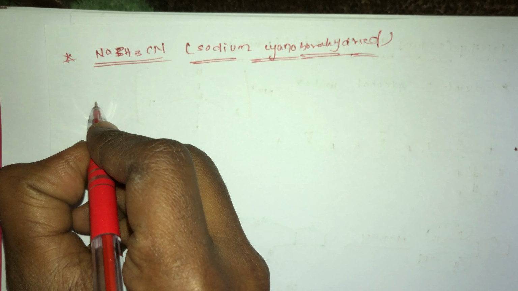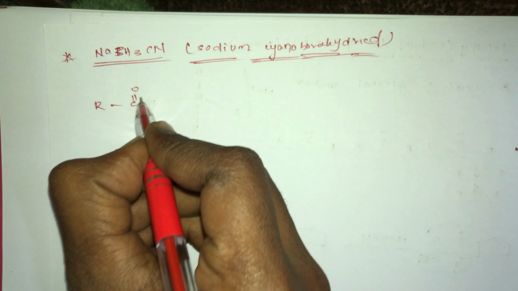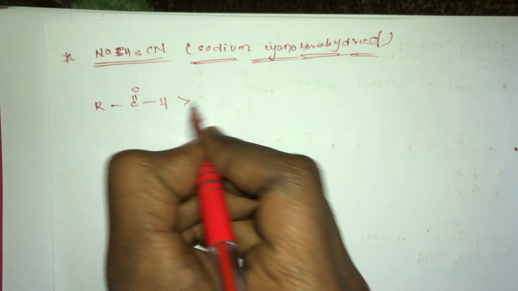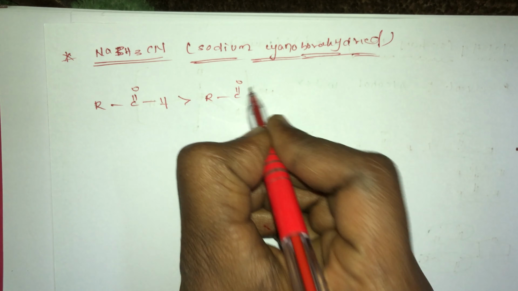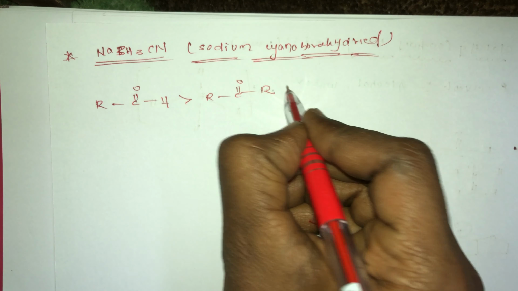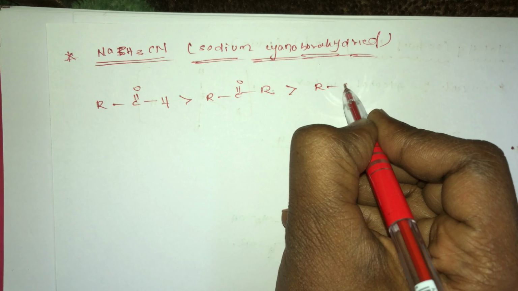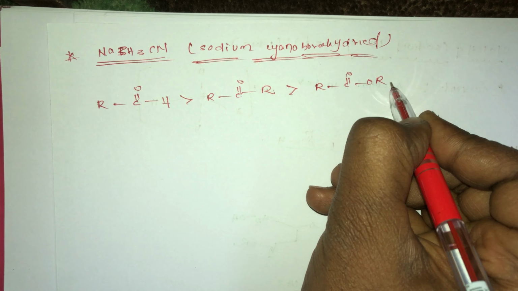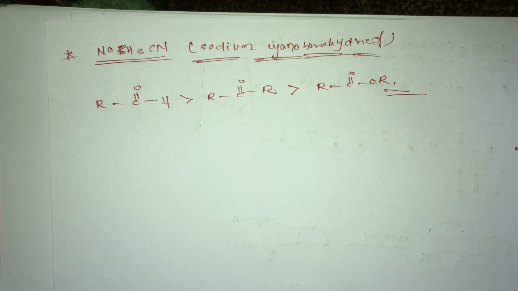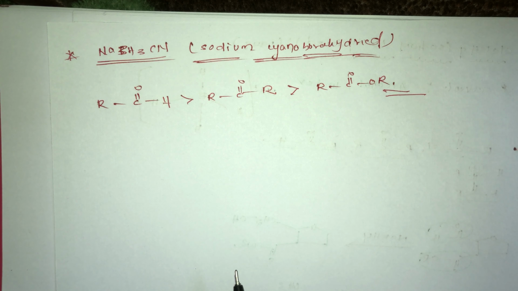If you see in this reaction, aldehydes have more priority than ketones, then ketones have more priority than esters. So in this case esters are also reduced when you are using sodium cyanoborohydride.